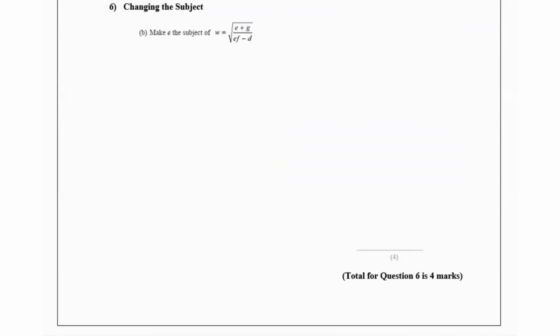The next question they're asking us to make E the subject of W equals to root of E plus G divided by EF minus D. So currently W is the subject and they want E to be the subject. So for that, first let's get rid of the square root on the fraction. To get rid of the square root, what we do is we take the square on both sides.